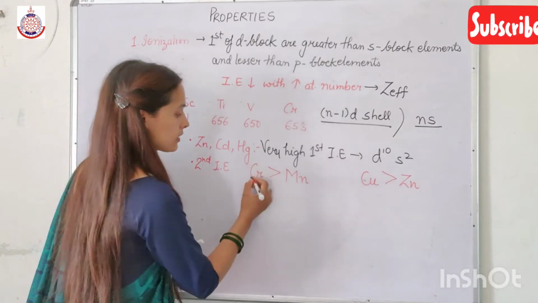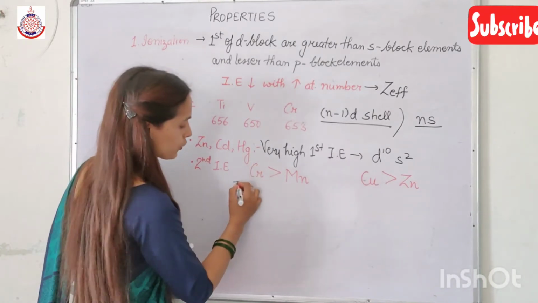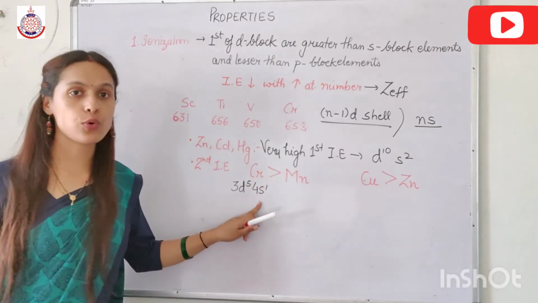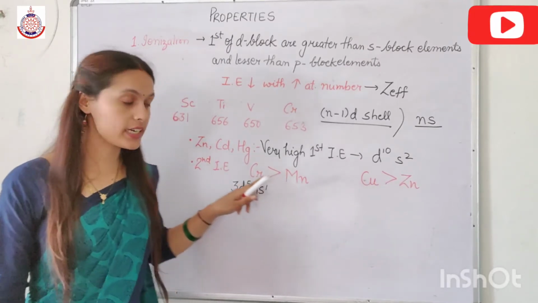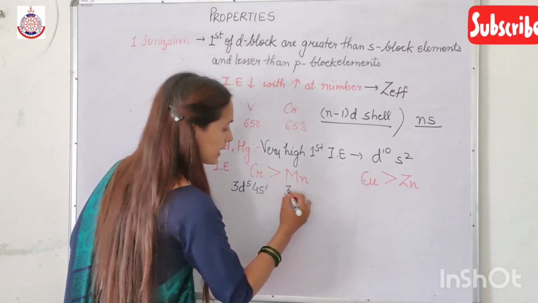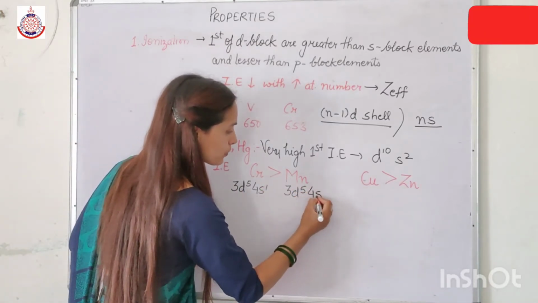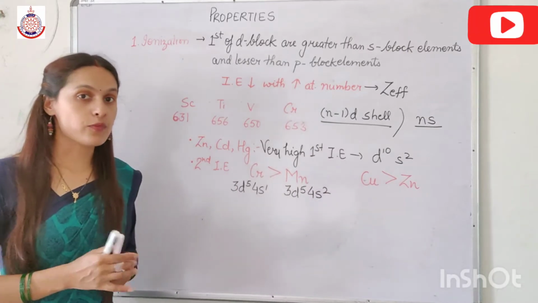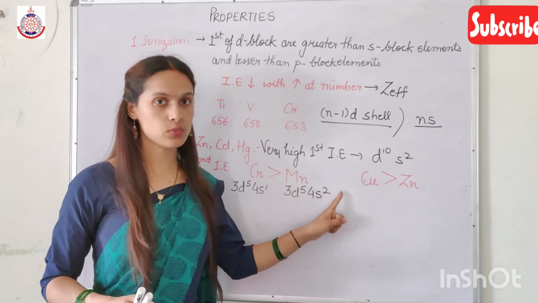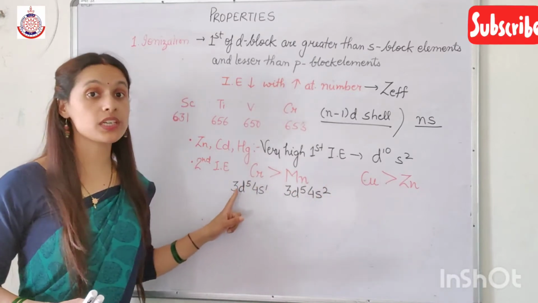We know that the electronic configuration of chromium is 3d5 4s1. As soon as chromium releases one electron, it acquires the stable configuration of 3d5, and here it is 3d5 4s2. So when one electron is removed from manganese, the configuration becomes 3d5 4s1, and here the configuration becomes 3d5.